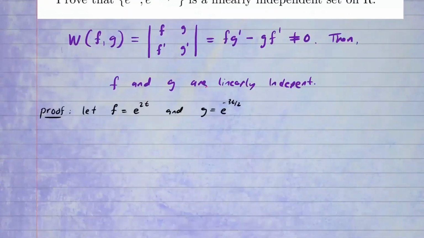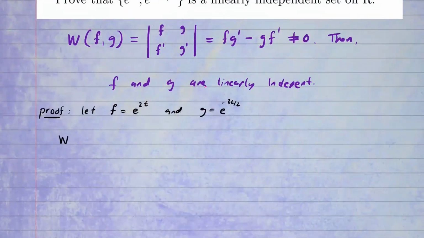So we're going to set up the Wronskian of these two functions, f and g. In the first column we're going to write f, which is e to the 2t. The second column is its derivative, so that's 2e to the 2t.